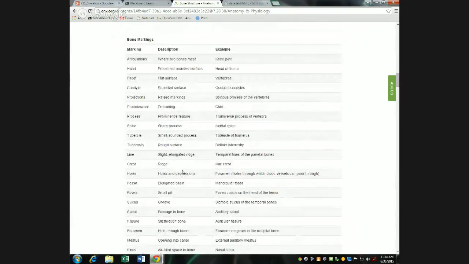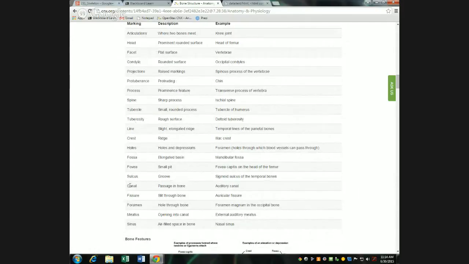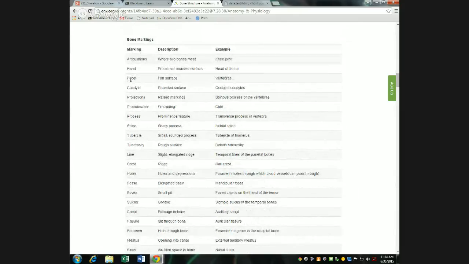But there's this table here of bone markings. And these are just names that are used to refer to a bunch of different types of structures. I've already used the word head before. Process is a very general term, which means really something sticking off of something else.